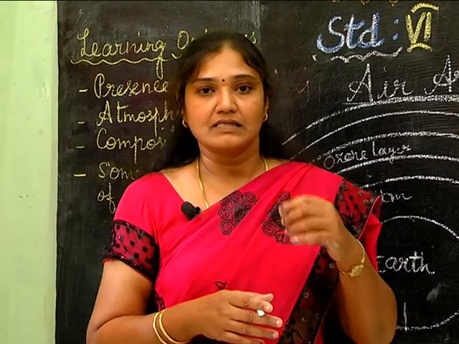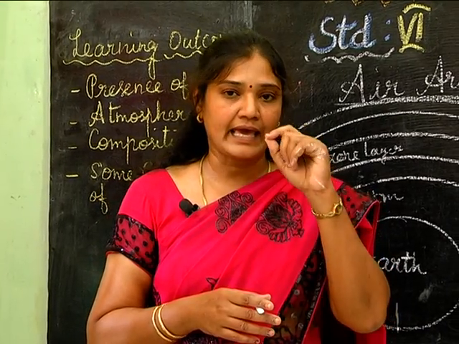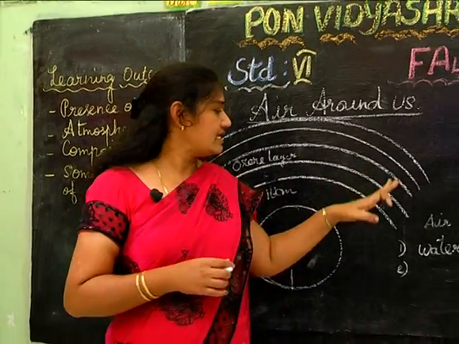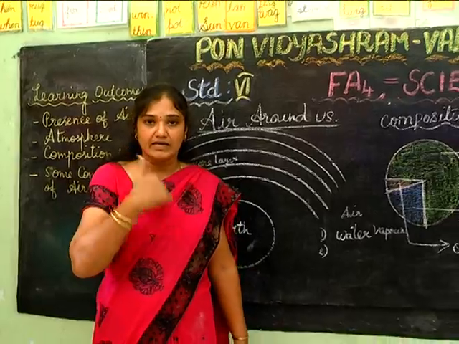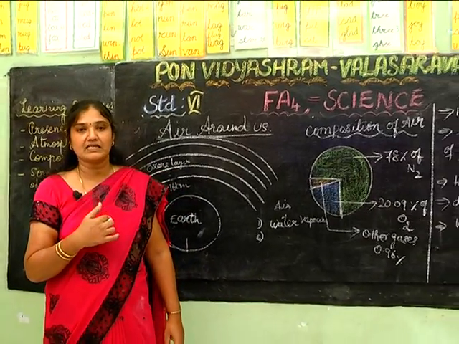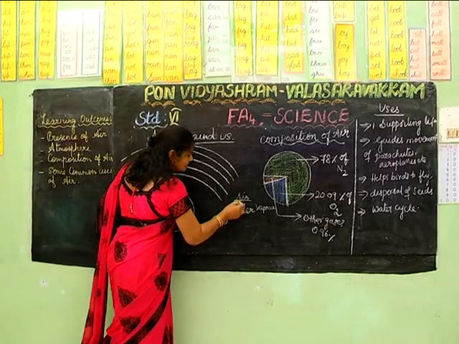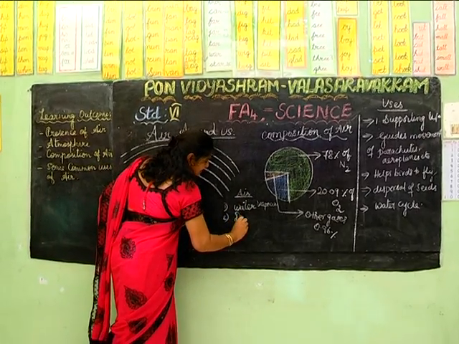Why? Because when we breathe through the nose, the hair and the mucus in the nose prevent the dust particles from entering the lungs. So the next component of air is dust particles.